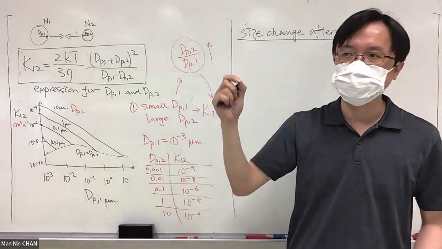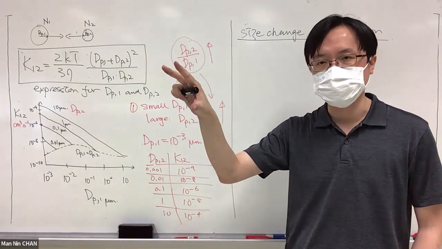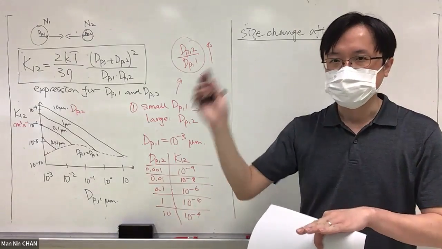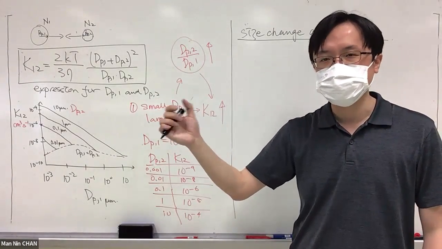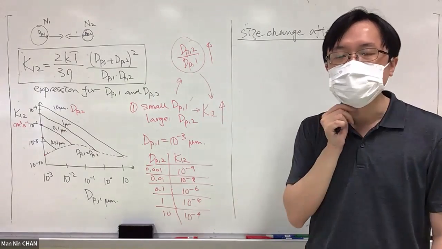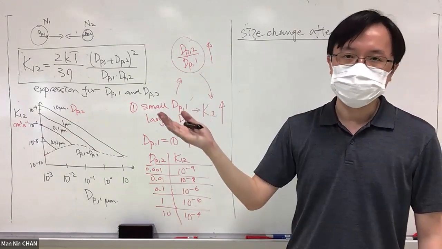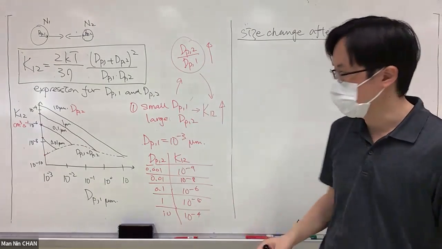Now if we assume the mass is constant, and all collisions give you the same size, then if you want to double the size, that means double the diameter of your particle, you need to decrease the number concentration by maybe a factor of 9, or significantly.